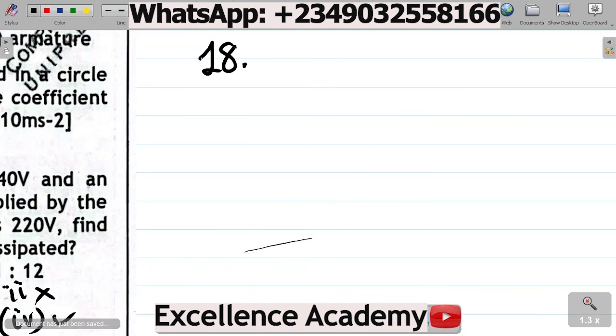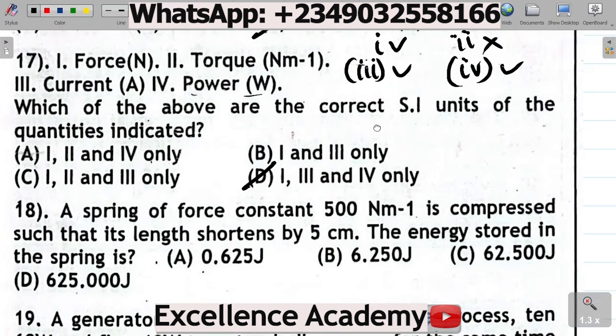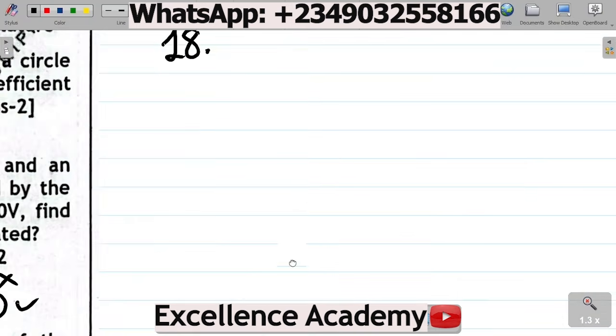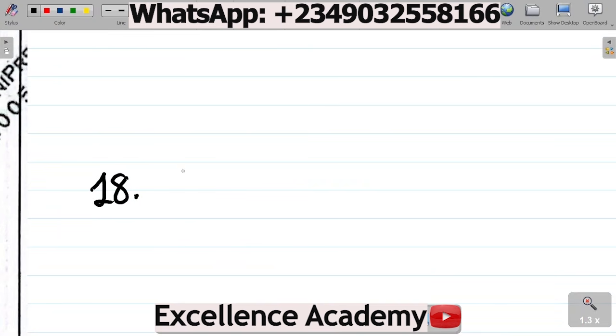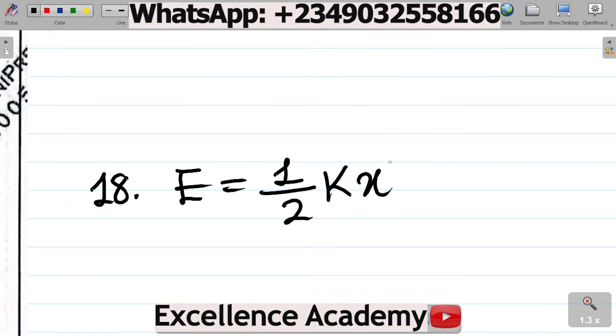Let's see what we have there. We are asked for the energy stored in the spring. The formula for energy stored in a spring is E equals half k x squared, where k is the spring constant or the stiffness of the spring and x is the extension.